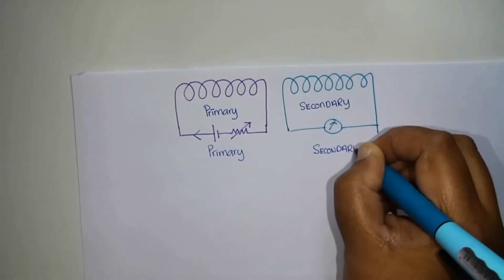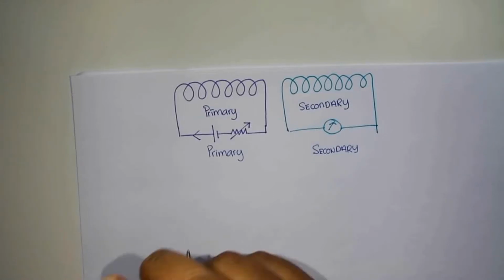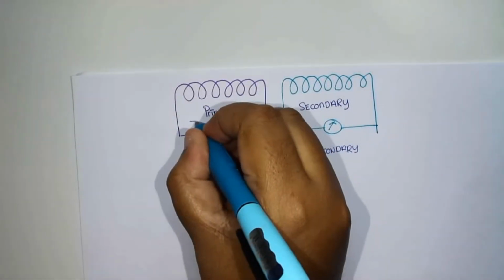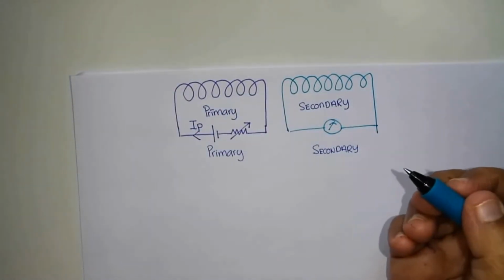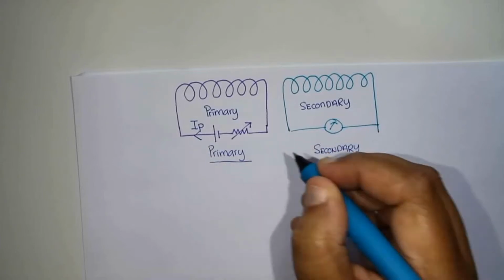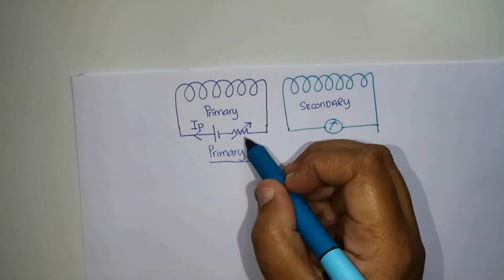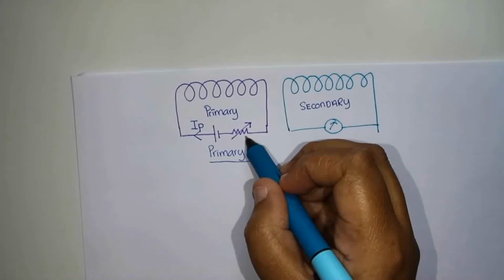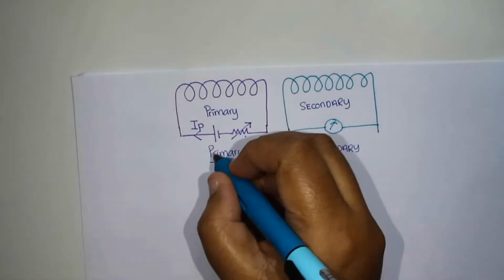When the switch is closed, the current will start to flow into the coil. We label this current as IP, the current in the primary coil. Due to the rheostat, the resistance will vary. So when resistance varies, what will happen?